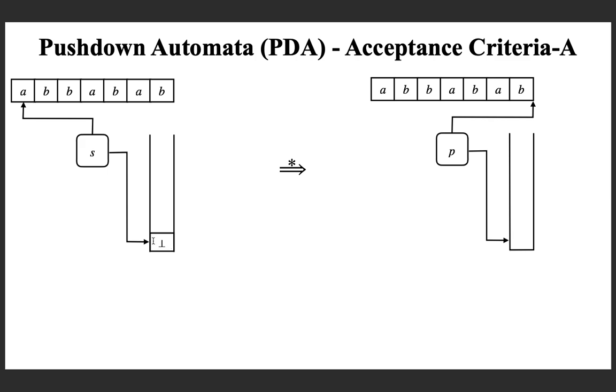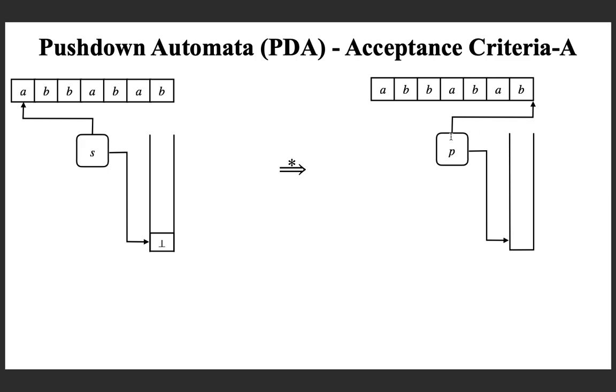This is a special symbol on the stack called the bottom symbol, and it is just used to mark the bottom of the stack. So this is how a pushdown automaton can start, and this acceptance criterion needs the stack to be empty when you finish reading your input.